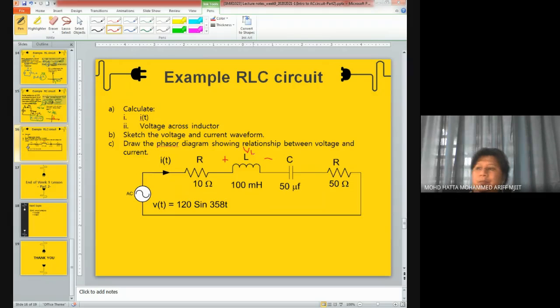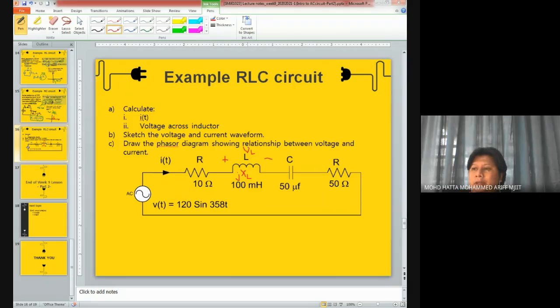Logically, since you know the current, to calculate the voltage you need to apply Ohm's law, which means this inductor should be converted into this value, jXL.